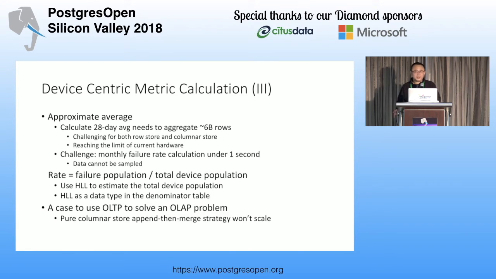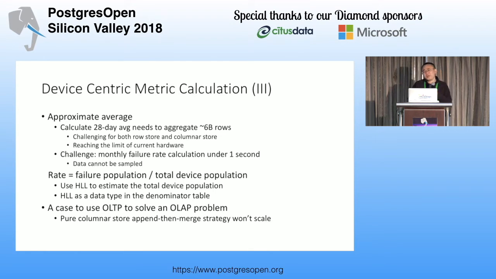Well, it turned out you can. If we go back to the arithmetic, what does average do? Average has a numerator and a denominator. The numerator calculates the failure signal, which is all the ones. And the denominator is the whole population.